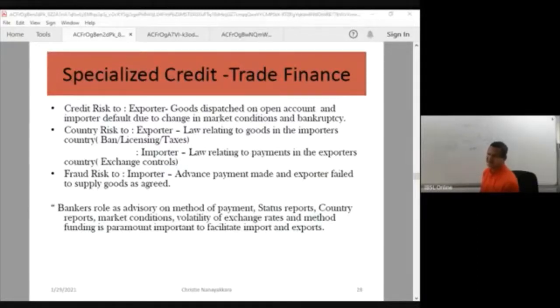He cannot ask for a loan higher than the LC value, because the LC value covers the total value of the shipment. So he takes this money and pays the bank. The bank will retire the LC and give him the documents so he can go to the port and clear his goods. This is how a letter of credit operates.